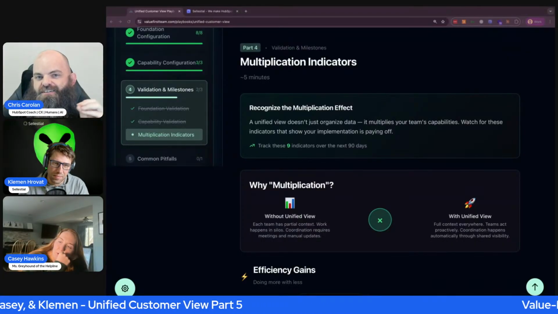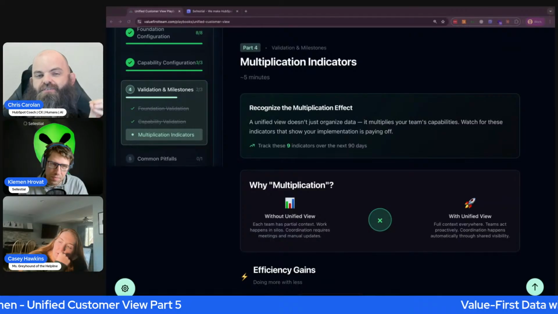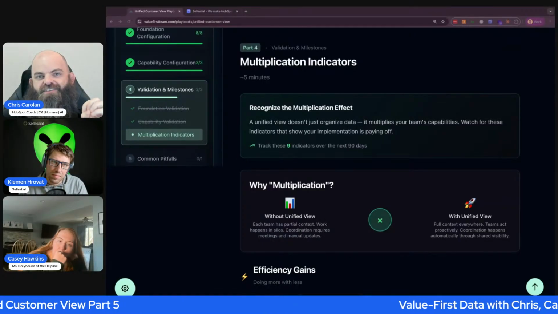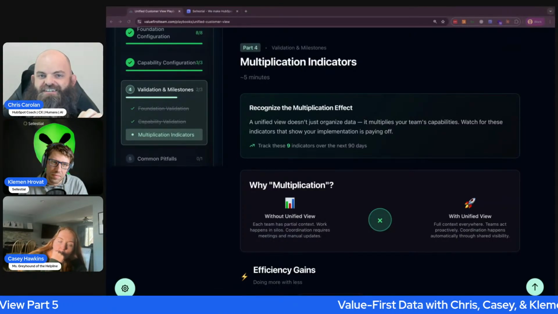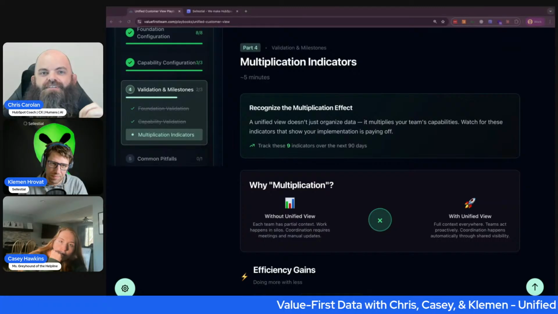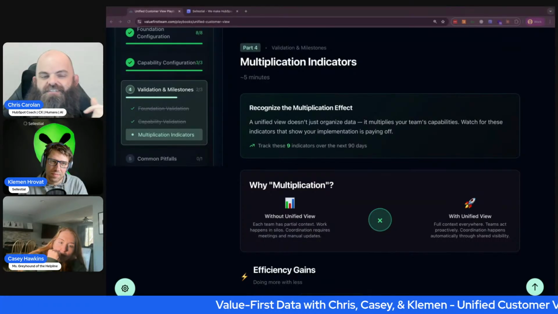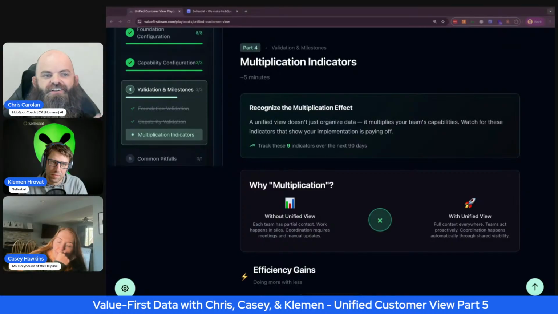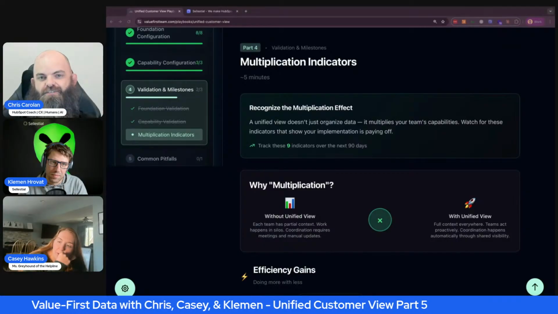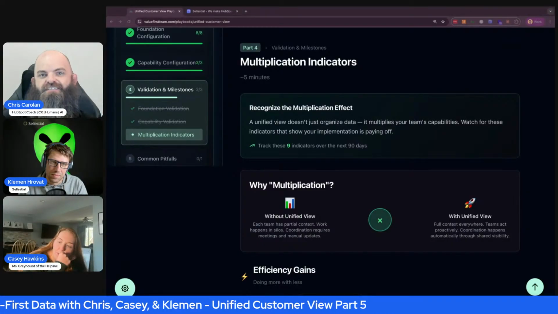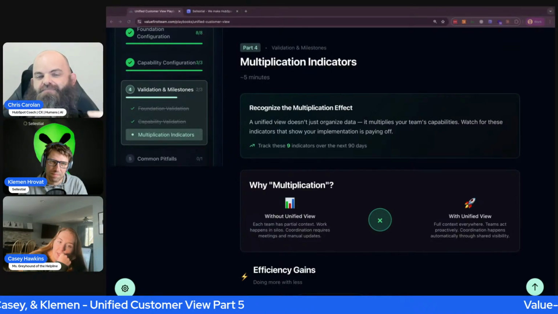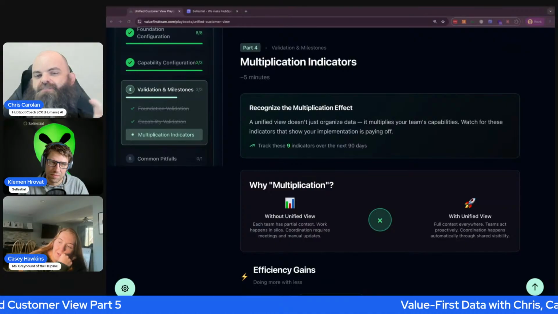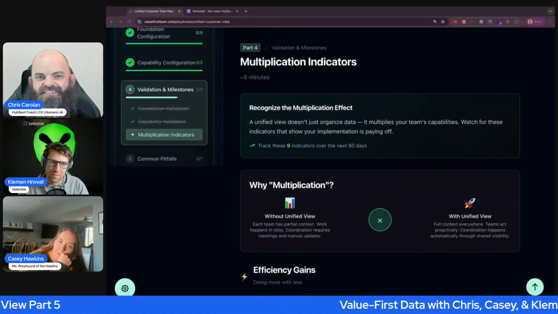You can come together without having to spend the whole meeting talking about whether the data is good or not, or whether we're missing a piece of data, or, "Hey, Klemen, you didn't get your call in, you didn't get your transcript in, and we're missing that. So now let's get it in and understand," right? That stuff happens in all of these meetings, and if that's happening, people cannot be proactive, right?